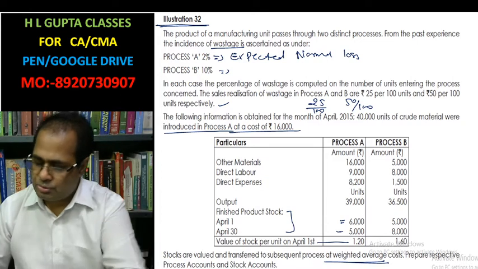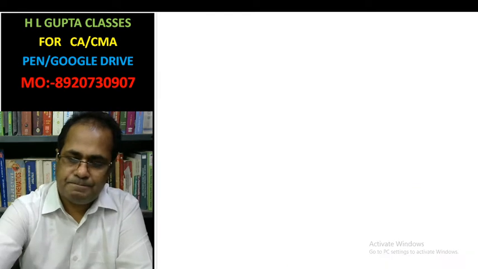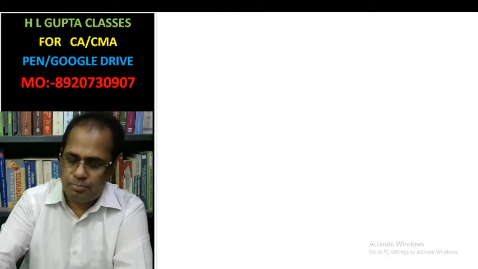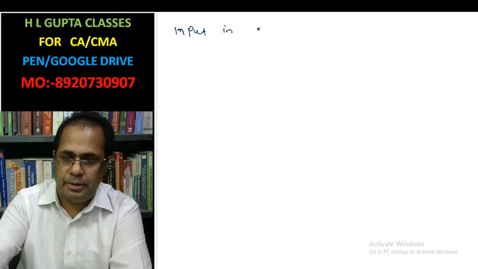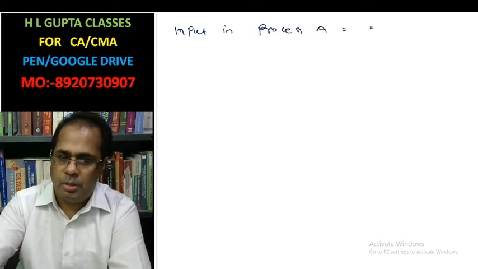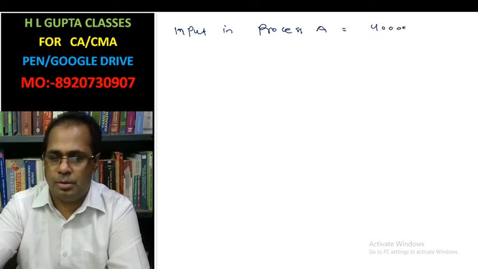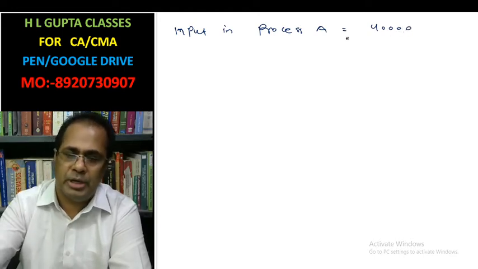Okay, let's go to this question. Please try to understand here. Input in process A is 40,000.